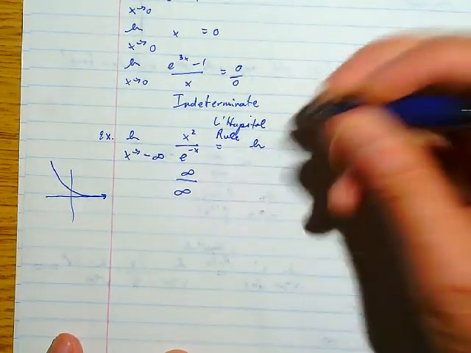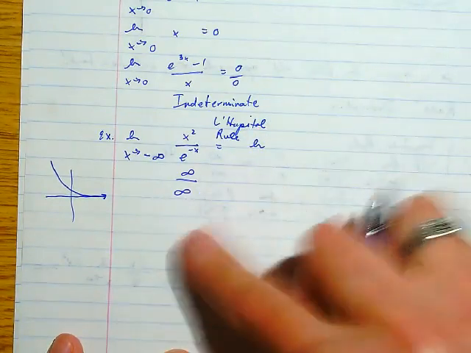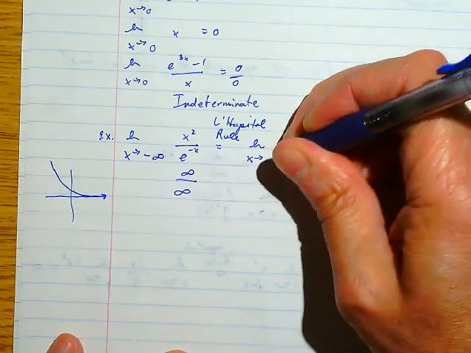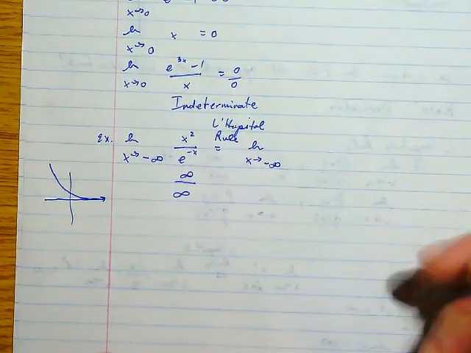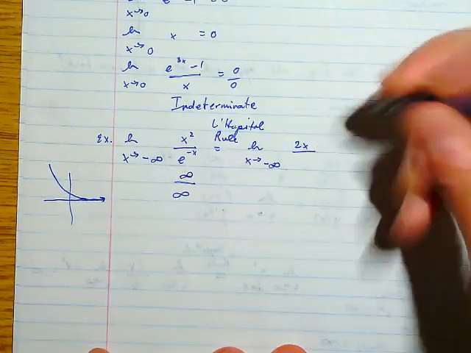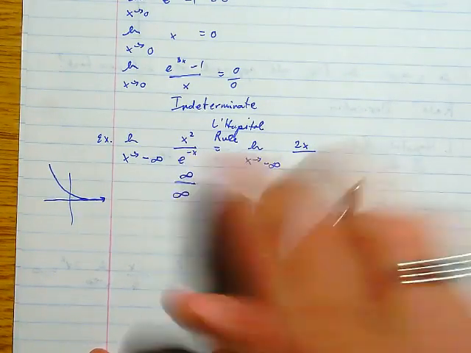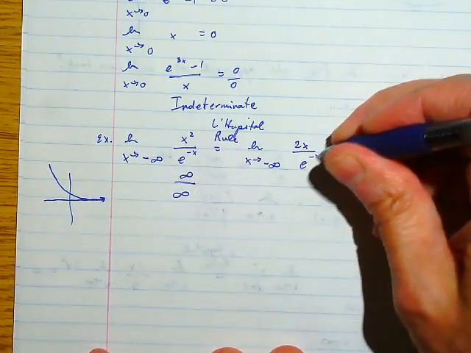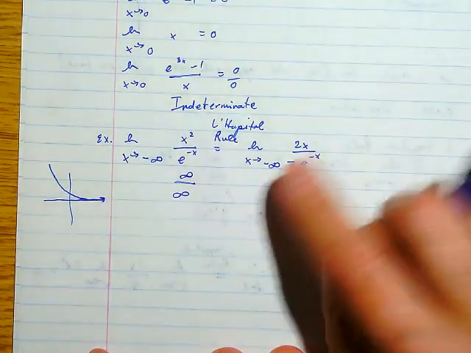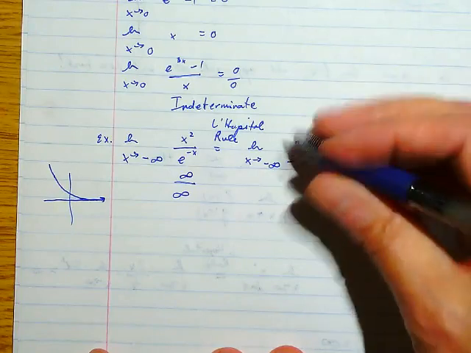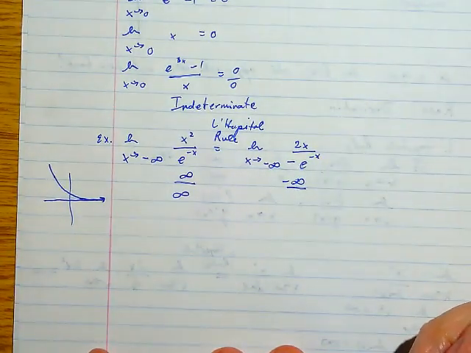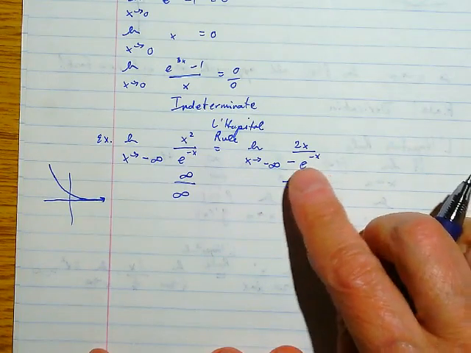I'm going to write L'Hopital's rule, and this I would need to see for your evaluations here, assuming there will be some. We'll worry about that later. Derivative of x squared, 2x. Derivative of e to the negative x, well, that's going to be e to the negative x, then we've got a negative sign. So 2 times negative infinity is going to be negative infinity, still large, divided by e to the negative x.